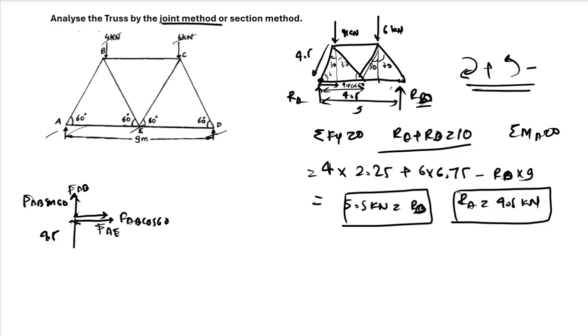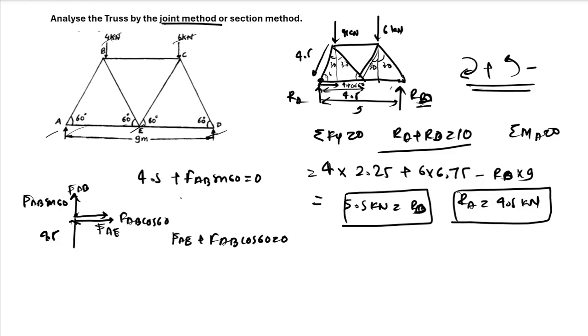We'll just remove the original force here because we have resolved it. And we have 4.5 plus FAB sin 60 is 0, and FAE plus FAB cos 60 is 0.